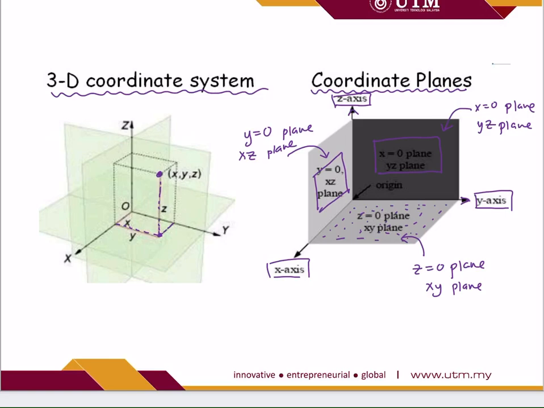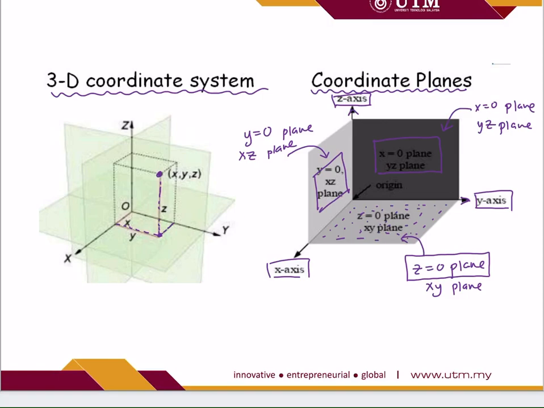We do this in the 3D coordinate system, so we know this is the z equal to 0 plane. We also have a line, but since we are considering 3D, z equal to 0, x equal to 0, and y equal to 0 are each a plane, not a line as in the 2D system.